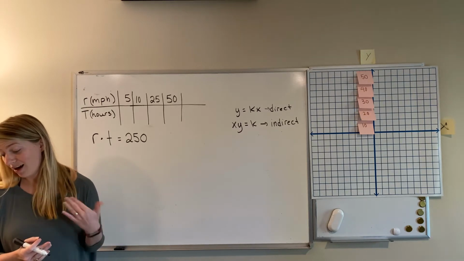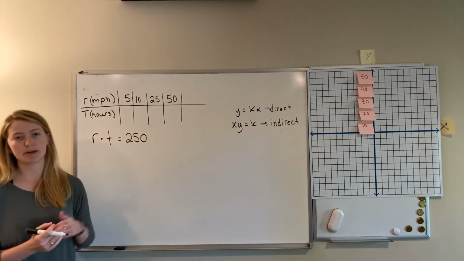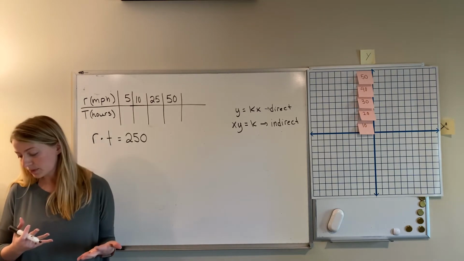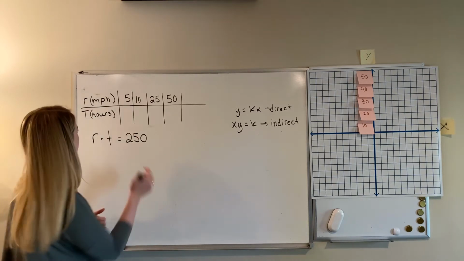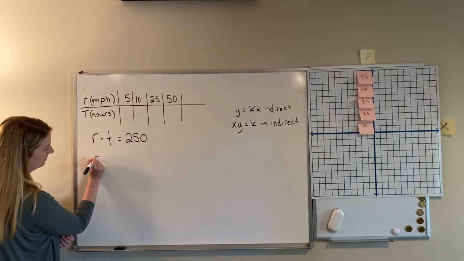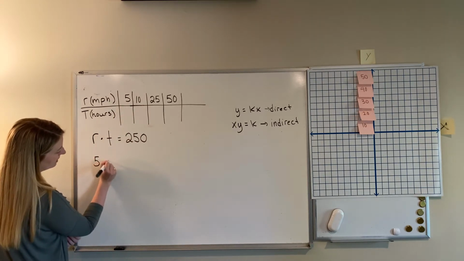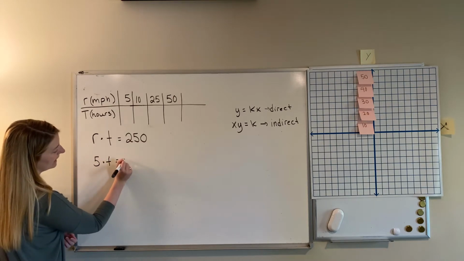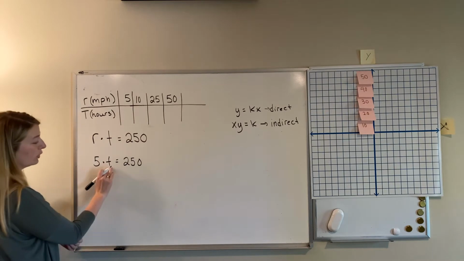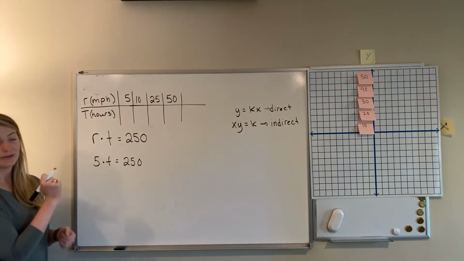Solve for r equals 5. I've only copied part of the table because we're going to stick with whole numbers just to help this move along faster. So if you're traveling at a rate of 5, how long is it going to take, set next to the constant of 225? We're solving at 5 miles per hour.